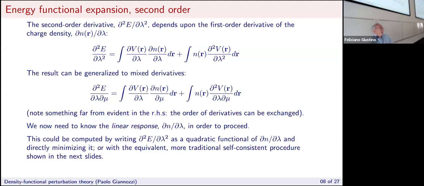And this can be generalized if you have more than one perturbation, more than one of those lambda parameters, to mixed derivatives, and it gives you this expression here, which, funnily enough, is clearly independent of the order of derivatives on the left-hand side.